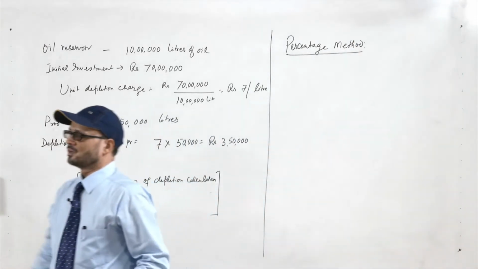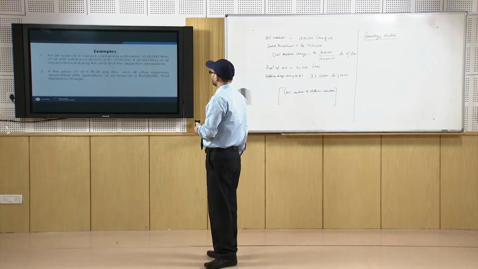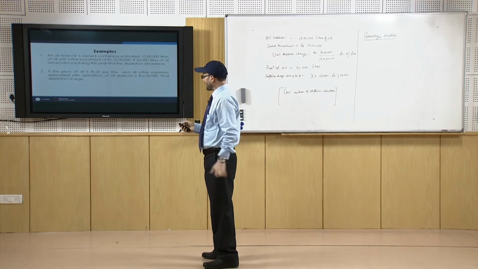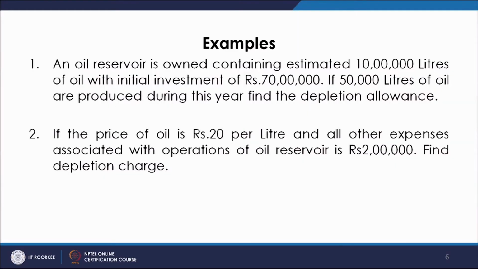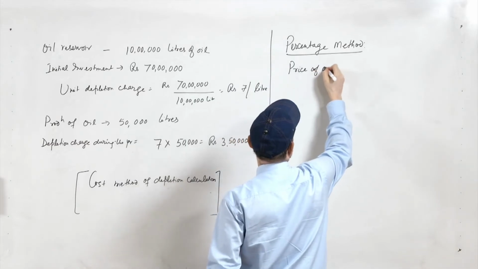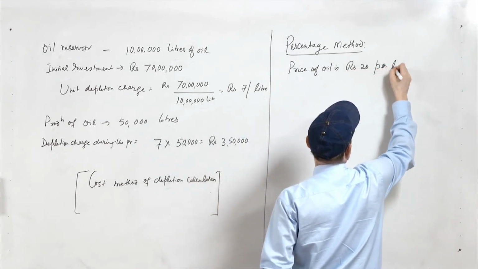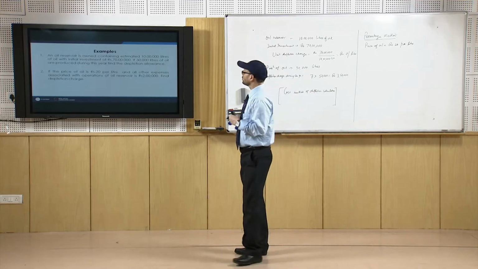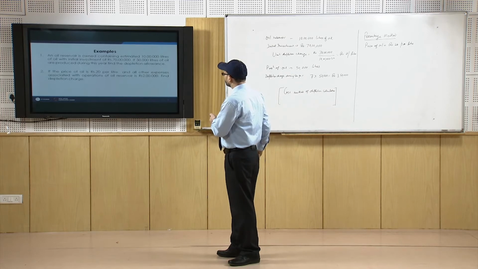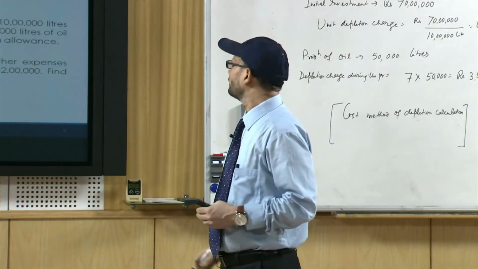Now, this is the oil reservoir. So, what we see is that the price of oil is given as rupees 20 per liter. So, the company has basically produced and sold 50,000 liters of oil at rupees 20 per liter, and it is the income of the company.